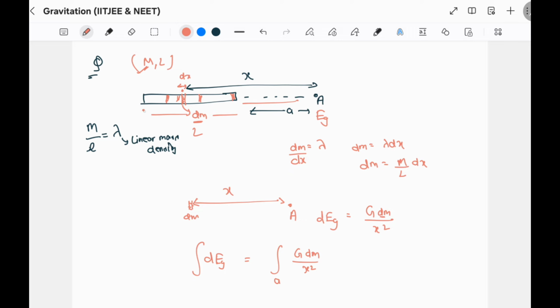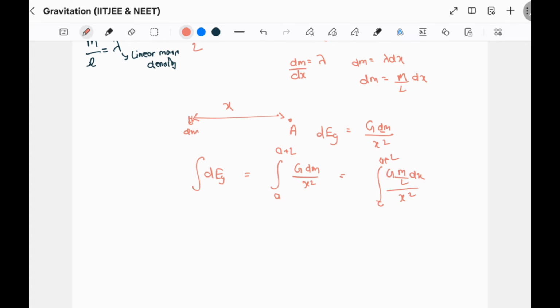If my dm mass is at the far end, the limit will be a plus L. So you have to take care of this. After putting the limit, you can solve this. Put the value of dm, M by L dx, upon x squared, from a to a plus L.